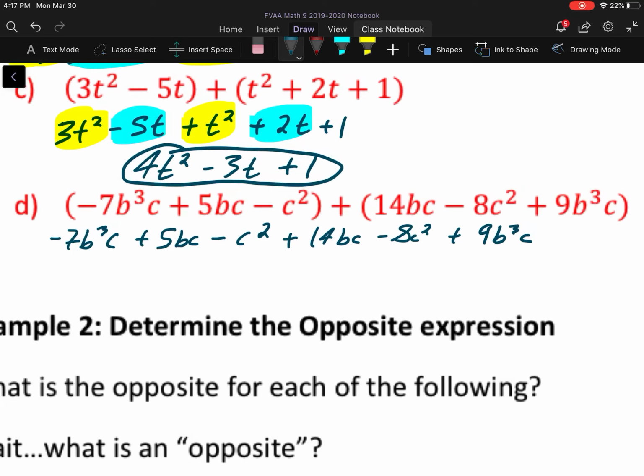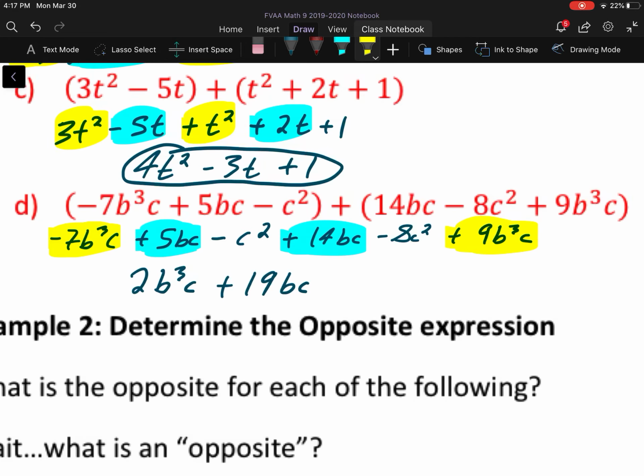Because I'm adding polynomials, now all I have to do is find my like terms. Negative 7b cubed c plus 9b cubed c is going to give me 2b cubed c. Positive 5bc plus 14bc is going to give me positive 19bc.